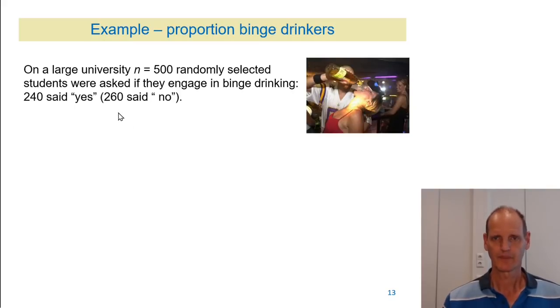But anyway, at this large university, we randomly select 500 students, and we ask them, do you engage in binge drinking? And 240 said yes, and 260 said no. Now we would like to know, supposing that these are honest answers, which proportion of the student population at that university engages in binge drinking.